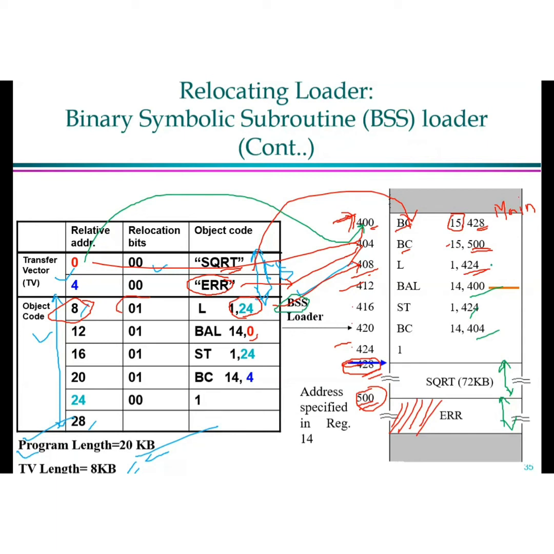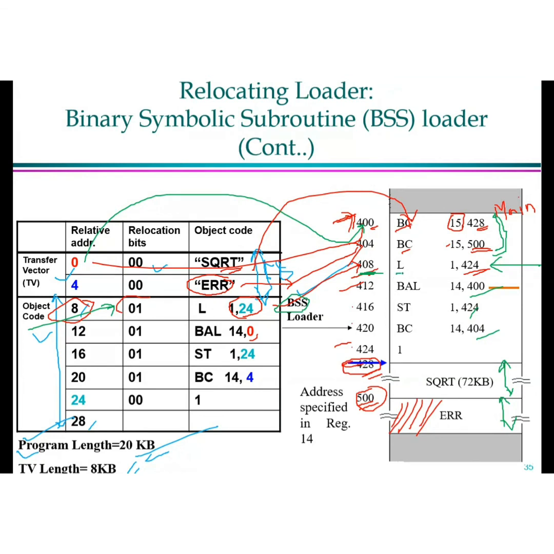So executable statement कहाँ पे है आपका? This is your executable statement. ये जो है first two lines, these are your transfer vector entries which we cannot execute directly. So the control will be transferred to the first instruction location. So first instruction का base address क्या है, effective address क्या है? 8. So 8 is mapped to 408. Here onward your execution will begin.